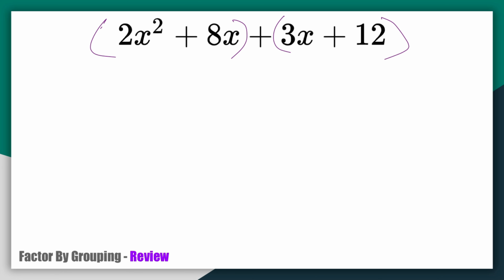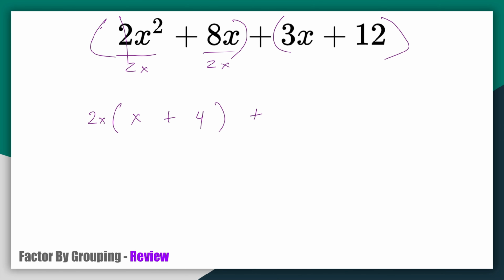And the answer is that you could. 2x squared plus 8x, the greatest common factor for that is 2x. So I divide out 2x from each of those. And I would get 2x times, 2 divided by 2 cancels to be 1. X squared divided by x is just x. Plus 8 divided by 2 is 4. X divided by x cancels out. You're just left with that.